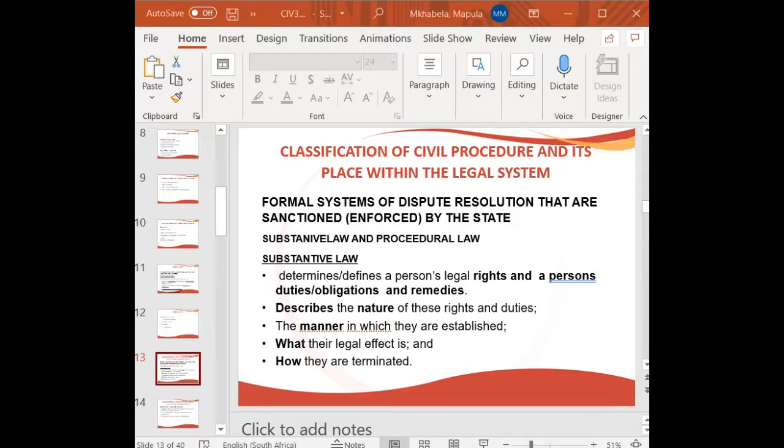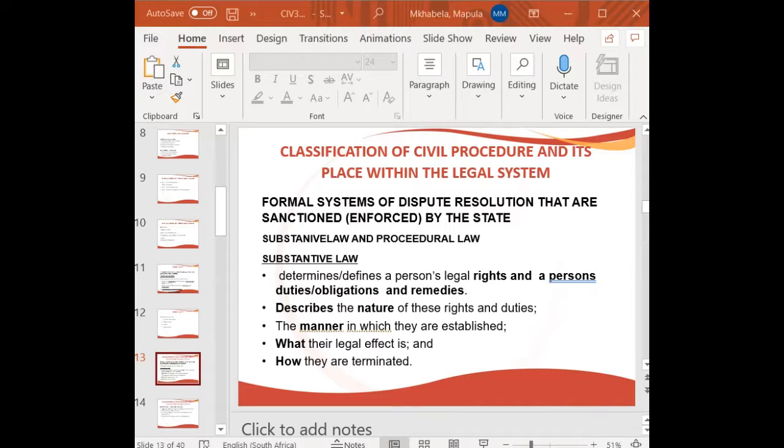Now, substantive law determines or defines the content of a legal subject's or a person's legal rights, duties and remedies. I hope, ladies and gentlemen, I've explained it quite clearly, or let me rather repeat.